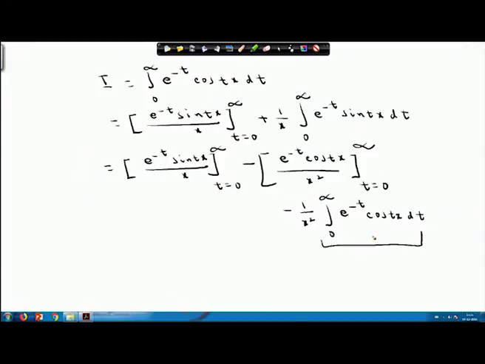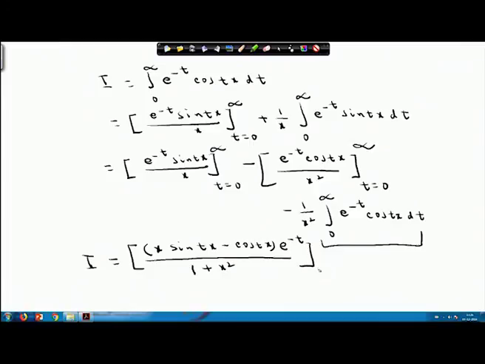So it will be 1 plus 1 by x square into I. So in the result, directly I can write I equals x sin t x, just simplifying this, minus cos t x into e power minus t, divided by 1 plus x square, and the limit will be from 0 to infinity.